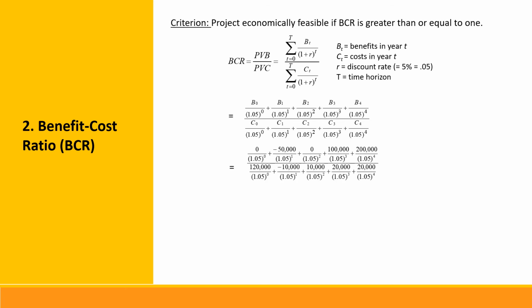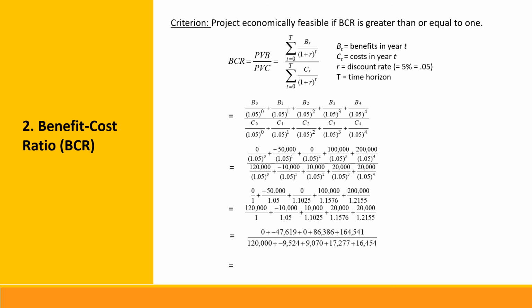If we simply plug those numbers from the second table into this formula, we can simplify it, and at the end we reach this number of 1.33. So this project is economically feasible since benefit cost ratio is larger than 1.